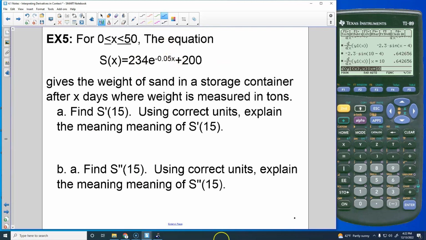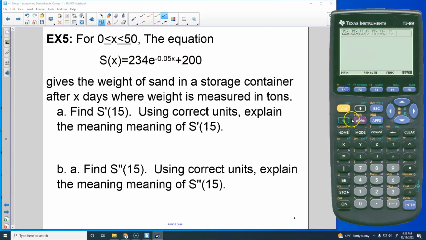So this also would be Calculator Active. I'm going to go to y equals and type in this equation: 234 e to the negative 0.05 x plus 200, and we want to make sure that looks correct. I believe it does.